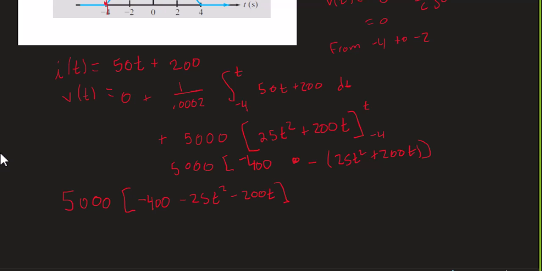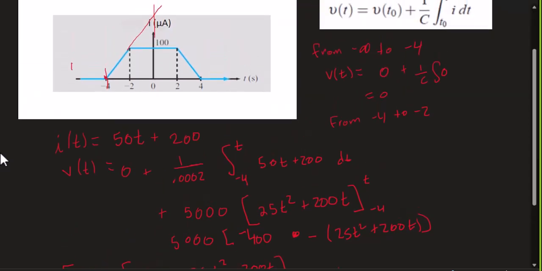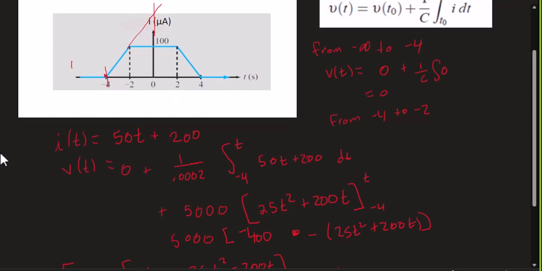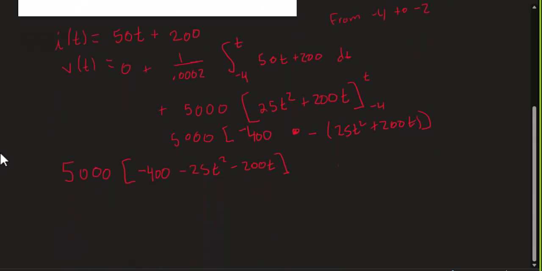Well, we're going to need to figure out what the voltage is at t equals negative 2 in order to do the middle part. So this is for negative 4 less than or equal to t less than or equal to negative 2. I need to find out what it is at negative 2 because I need that to do the next part.